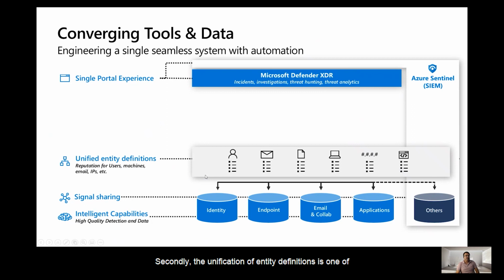Secondly, the unification of entity definitions is one of the most important aspects. Whether it's the reputation of the users, machines, emails, IP addresses, all of these things have to be normalized across these solutions to create a uniform plane of understanding of what's happening at the event level.